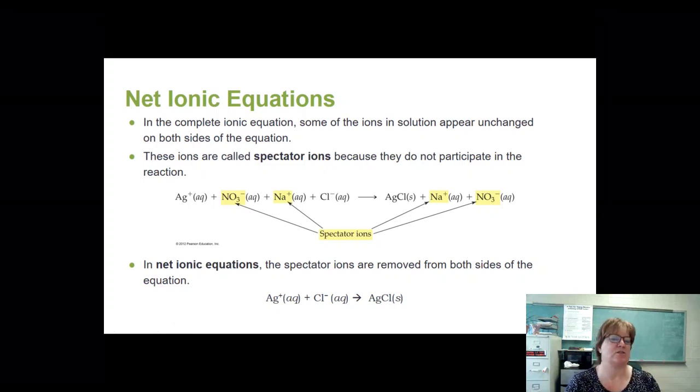Remember, precipitate is just a fancy name for an insoluble ionic compound. So when I make it as a product, we call it a precipitate. So I make this solid, and that's really the heart of what's going on. So this would be the net ionic equation of silver nitrate plus sodium chloride making silver chloride plus sodium nitrate.